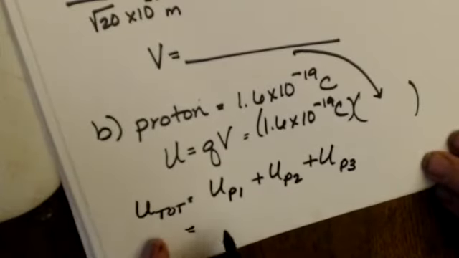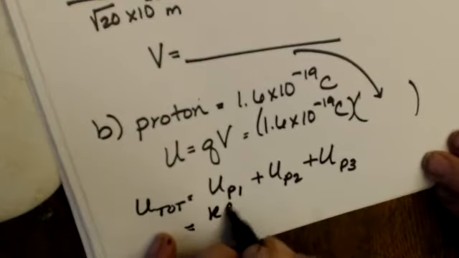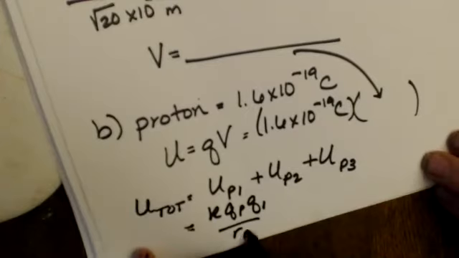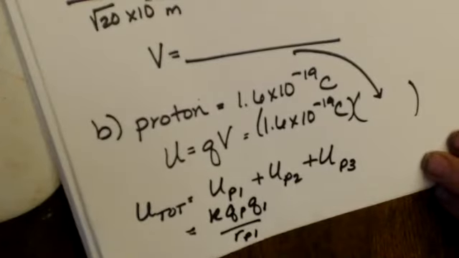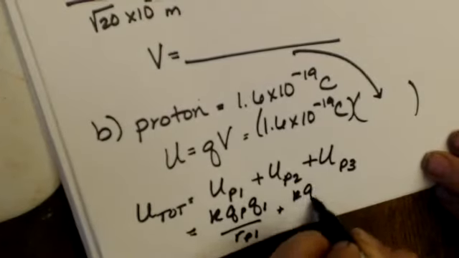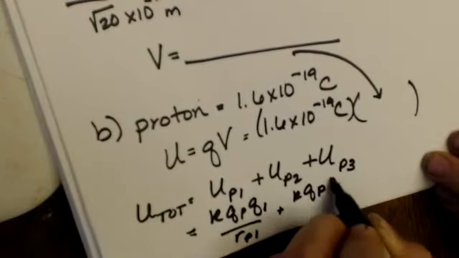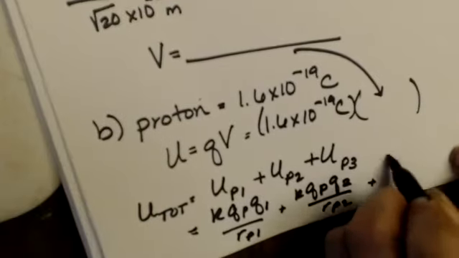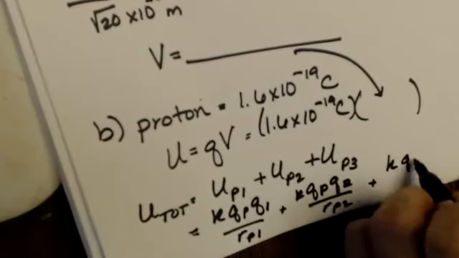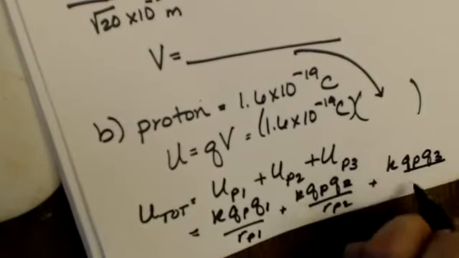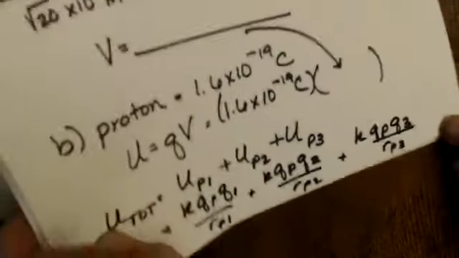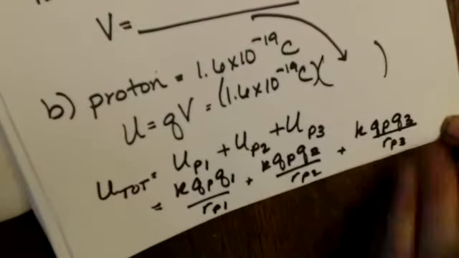And then I would use the formula K Q proton Q1 over the distance between the proton and 1, plus K Q proton Q2 over RP2, plus K Q proton Q3 over RP3. So if I had not done part A, this is what I would do.